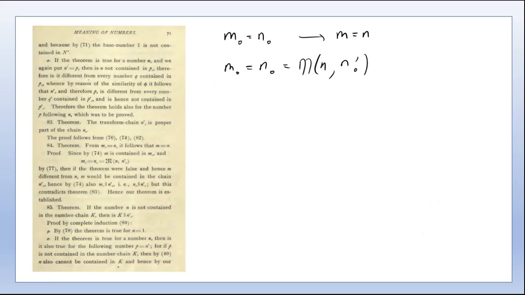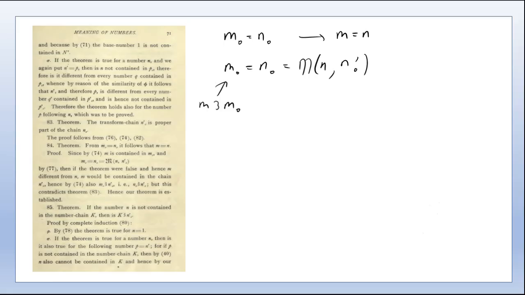Okay, so we've got M is an element of M0. Then if the theorem were false, and hence M different from N... Aha, okay, right, yeah, I see.